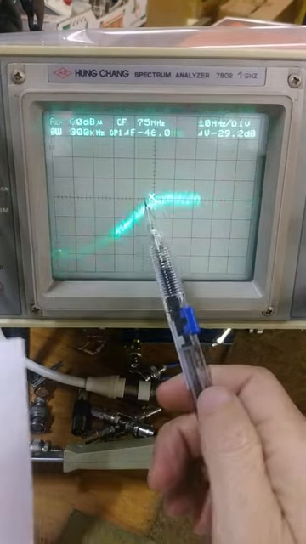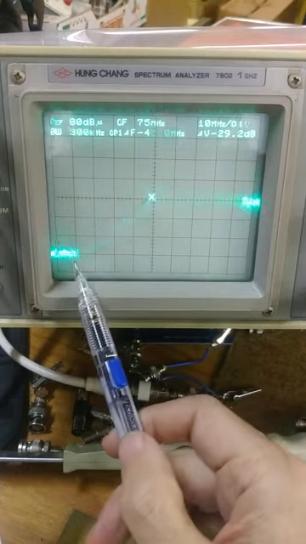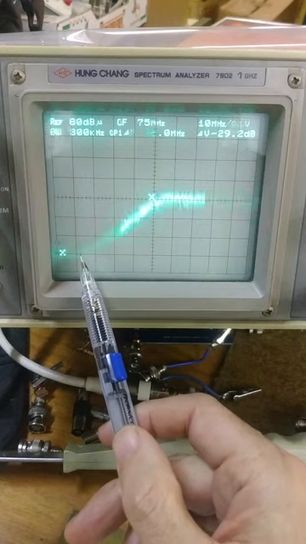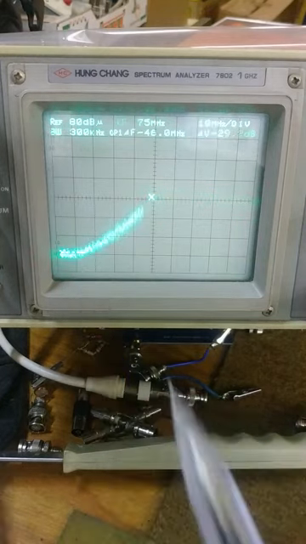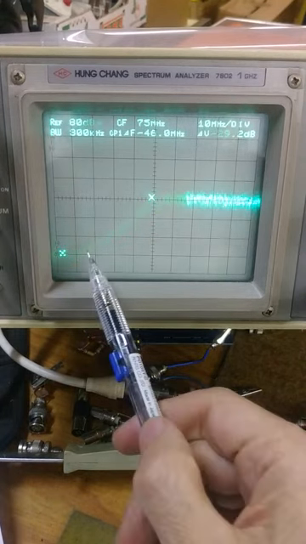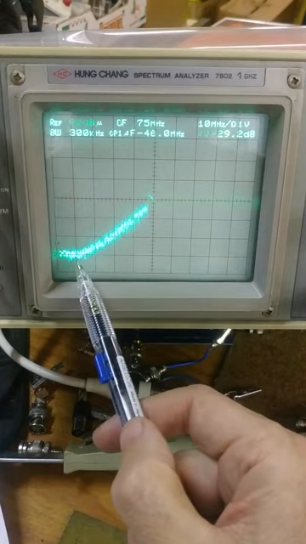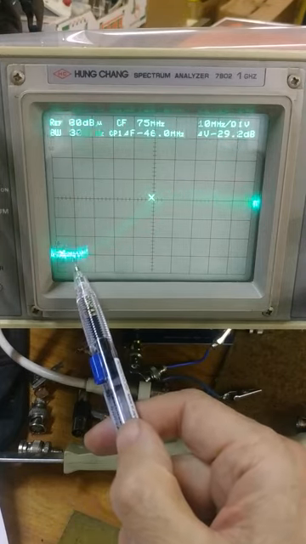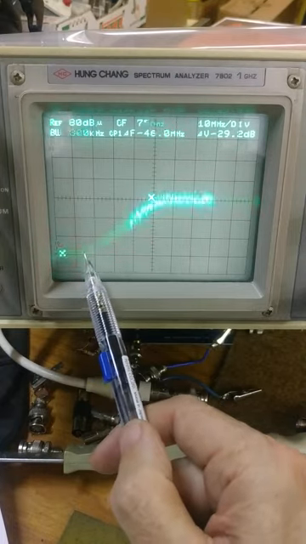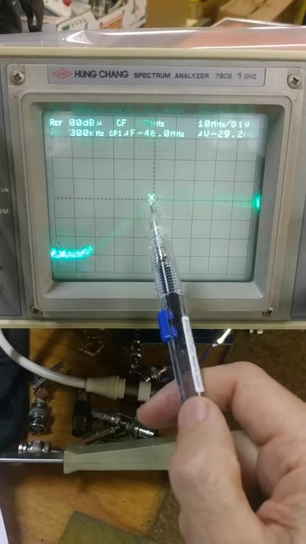So if I look at it from minus 75, at 35 is somewhere over there. If I measure the signal right over there with the cursor, I will get an attenuation of about 32 dB, which is at 35 megahertz, which is 1 octave.